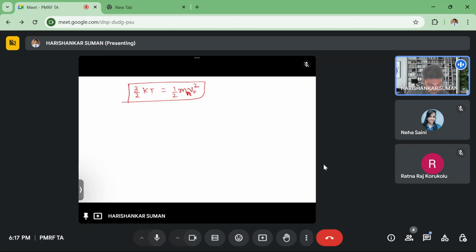You can use the thermal energy, equal to half m v squared equal to 3/2 kT. So put the values in this equation.